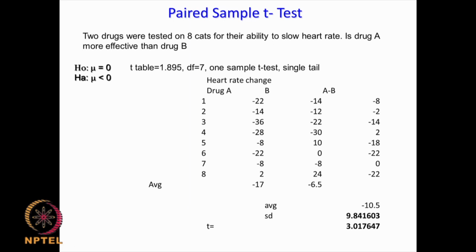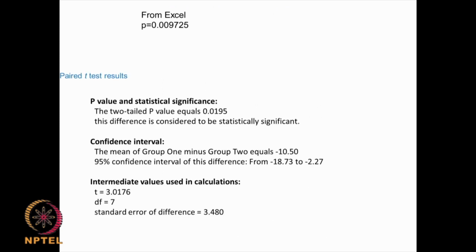So obviously x bar minus mu divided by s divided by square root of n is what we try to do, and we find that the t value is much larger, 3.0, when compared to 1.895 for a one sample t test, single tail, 7 degrees of freedom. Okay. So although the 2 sample t test might not be able to give a good p value, when we do a paired sample t test we get a very good p value. Okay. So we reject the null hypothesis.